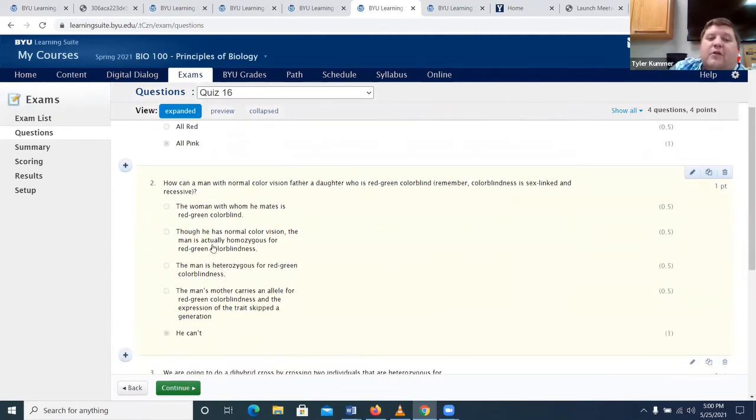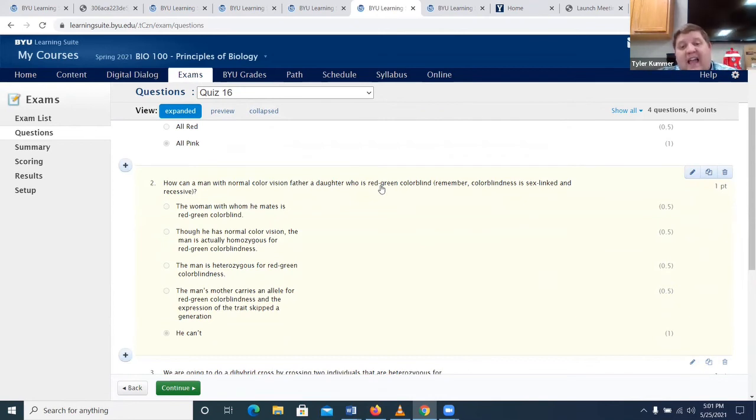How can a man with normal color vision father a daughter who is red-green colorblind? Remember that colorblindness is sex-linked and recessive. So in this case, we have a daughter who has to be little n for color vision, right? Homozygous recessive. Well, she could have gotten one of those alleles from her mother, but she had to get one from her father too.